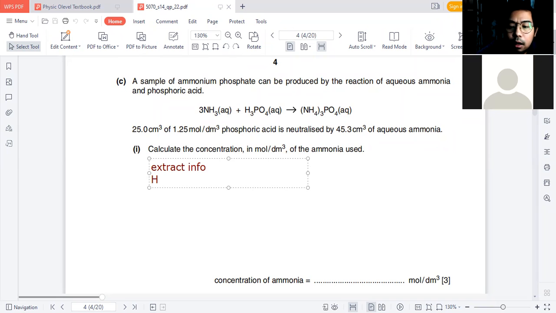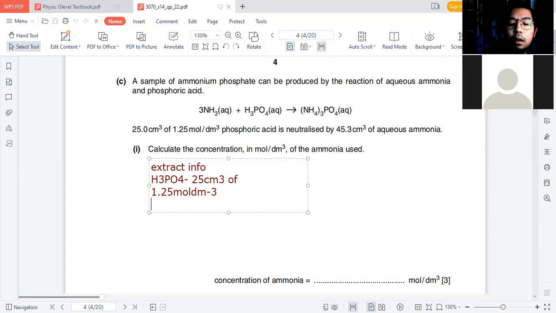Phosphoric acid, H3PO4, that would be 25 centimeter cube, with a 1.25 concentration, so 1.25 mole per dm cube. After that, you have your volume of ammonia, NH3.